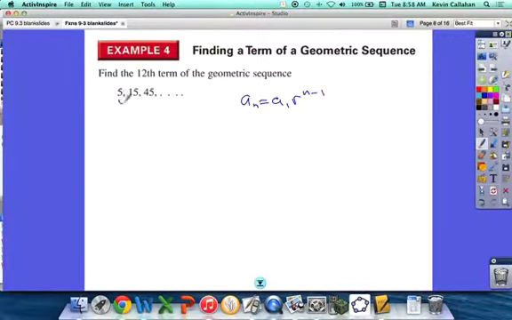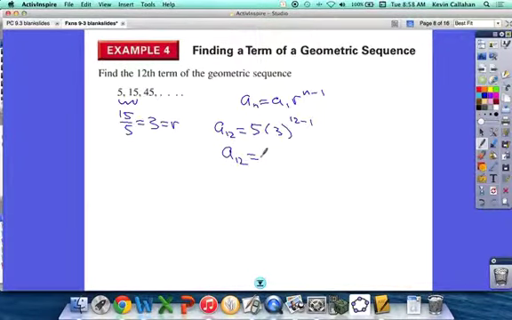Right? What is the R? 15 over 5 is 3. So we pretty much have everything. I mean, if you want, you could multiply times that 3 9 more times and get there. I'd prefer to use the formula. Right? A12 equals A1, which I can see, R, which is 3, raised to the 12 minus 1.